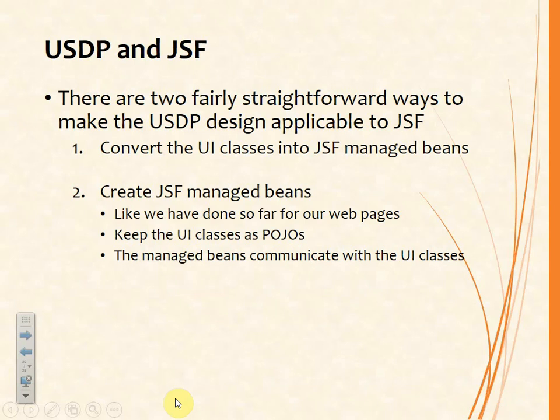So for me, a better approach is to create JSF managed beans like we've done so far and have the beans that sit behind the views that we want, and then have those beans in their action methods call the UI classes from the USDP design. So those UI classes are essentially POJOs that sit behind the managed beans, and the managed beans interact with those UI classes. For me, that's a better solution, and we can talk about what that really means in the tutorial.